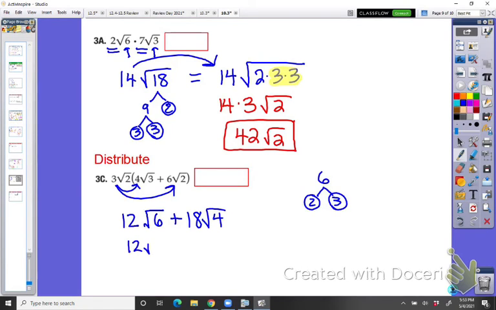So 12 root 6 does not simplify. The square root of 4 turns into a 2 because it's a perfect square root. And then we can multiply 18 and 2, which is 36. And again, that's as far as you can go. One has a root 6 with it, the other does not have a root 6. So that is your final answer for this one.